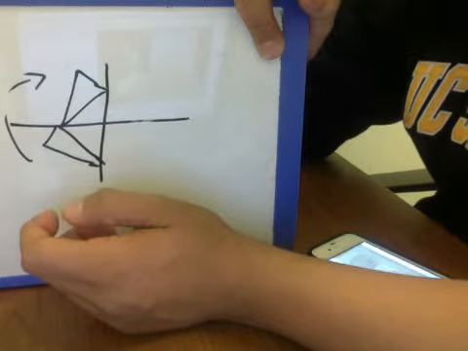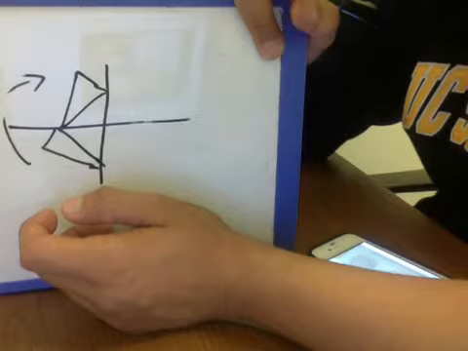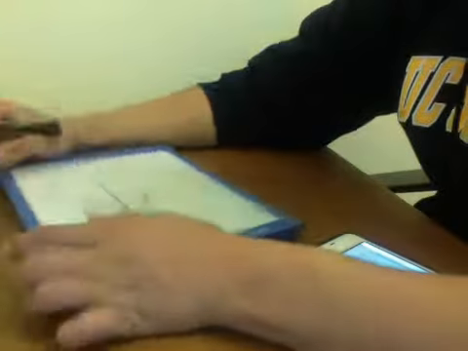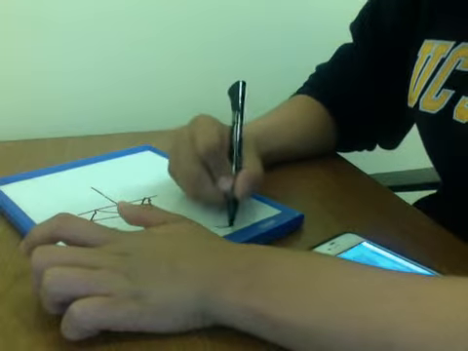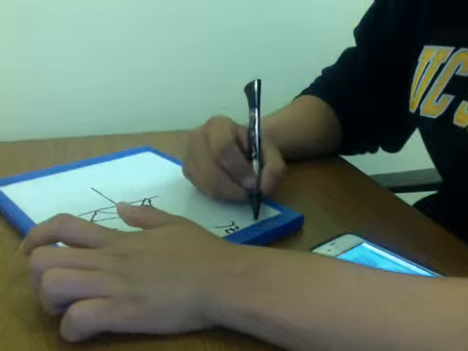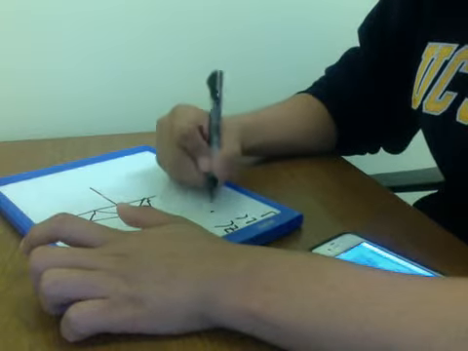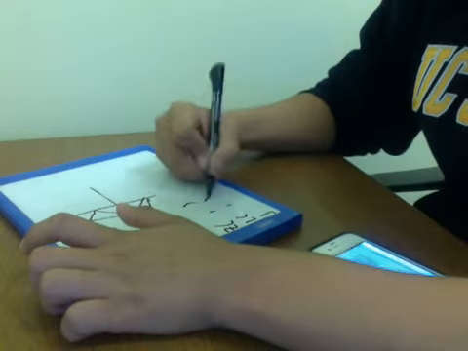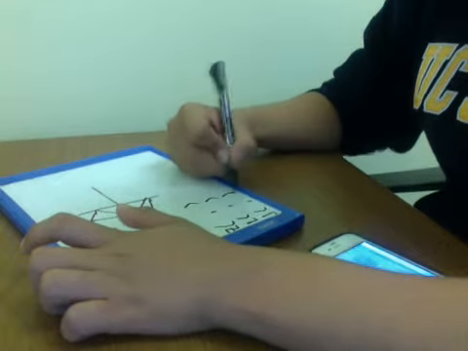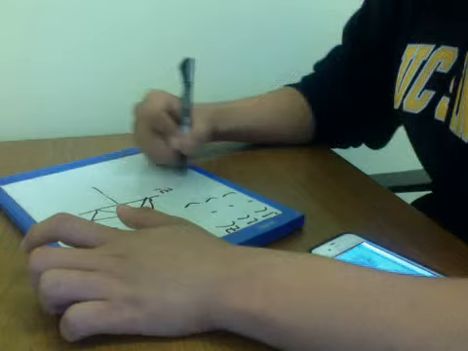So compare the coordinates of the image with the pre-image. That means you have these points that are your answers, and they want you to compare them.